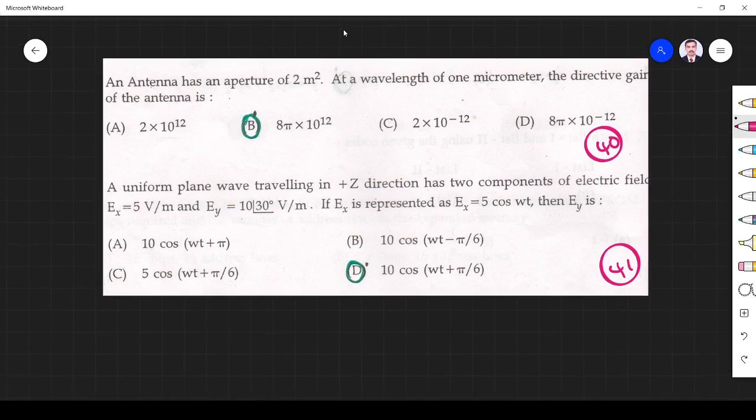And the next question is question number 40. An antenna has an aperture of 2 meters squared. So AE is 2 meters squared, the effective aperture. The wavelength is 1 micrometer, 1 into 10 power minus 6. What is the directive gain? Right, so that's what they ask.